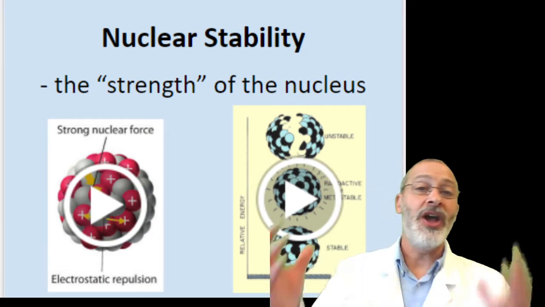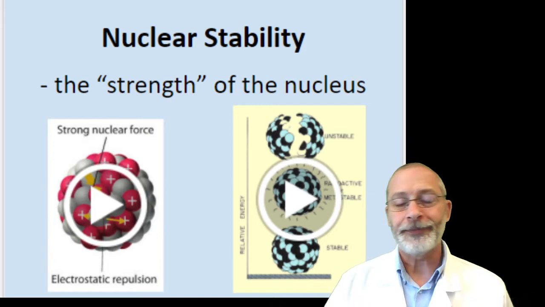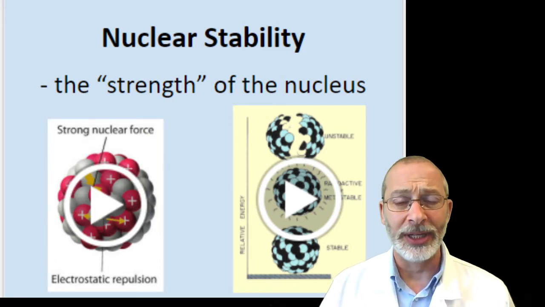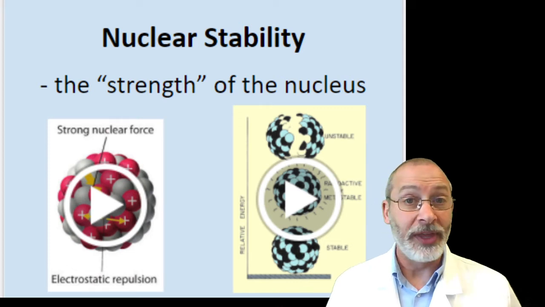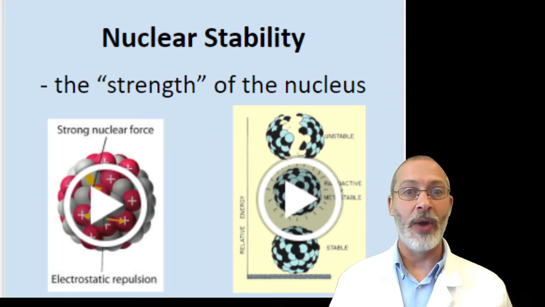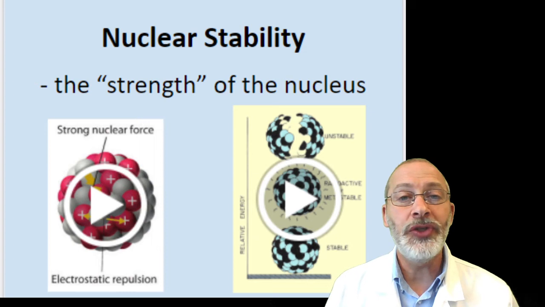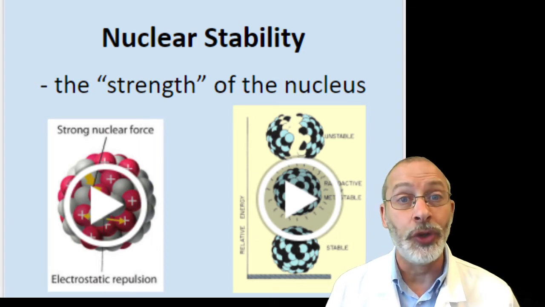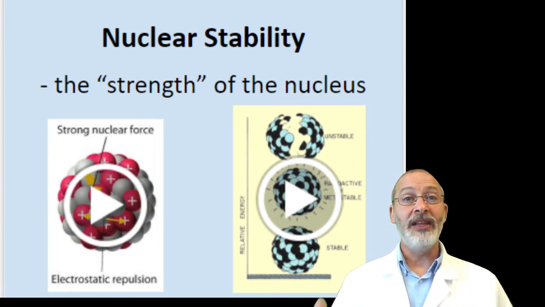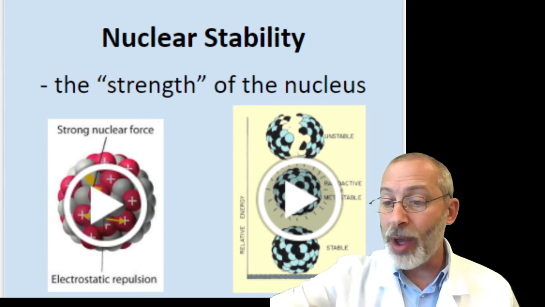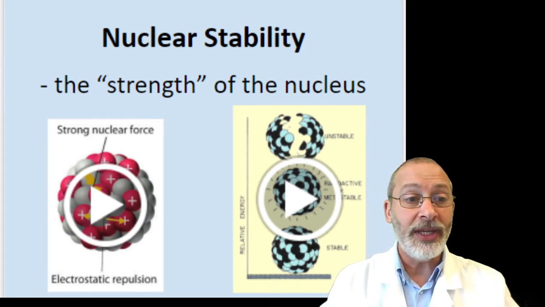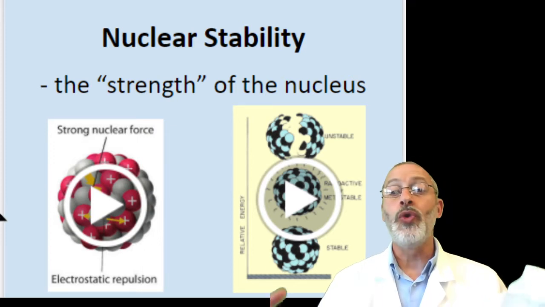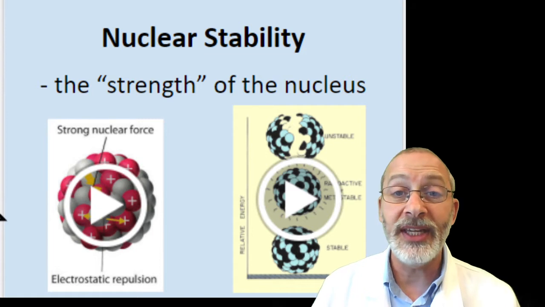Well, the converse of that is stability. And nuclear stability is what is achieved with elements or the atoms of elements that are not radioactive, and it has to do with the strength of the nucleus. If an element is not radioactive, then the strength of the nucleus is strong enough to hold the nucleus together.